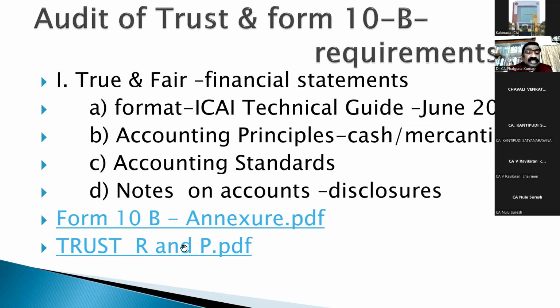So the revenue donations, that means not specific donations. These revenue donations are also of two types. 10BB asks specifically, whereas in 10B it is also not asked, but for computation it is necessary. What is that? Donations given with name and address, and donations given without name and address. That is known as anonymous donations.